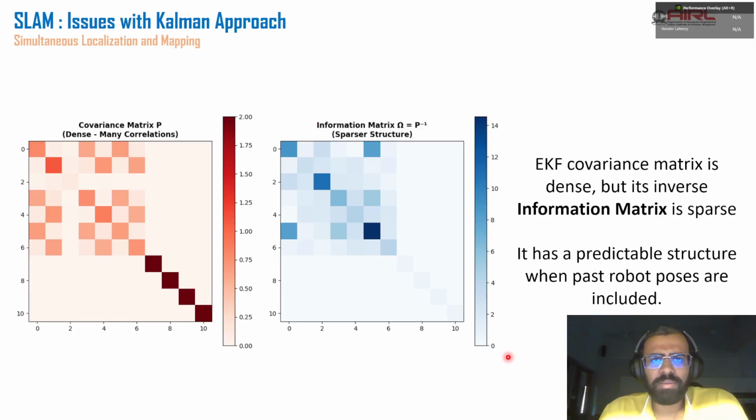Now, this is where people started exploring this whole space and they saw that if you just take an inverse of this covariance matrix, call it information matrix, you get a lot sparser output. And that's good. It's also a lot more predictable compared to my actual covariance matrix.